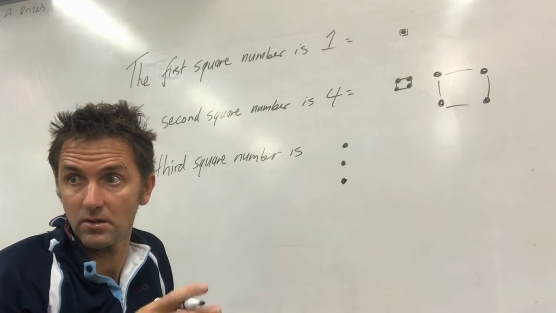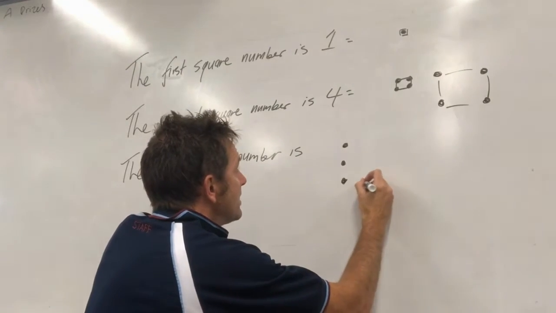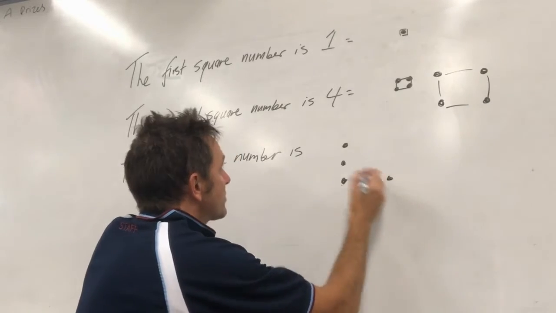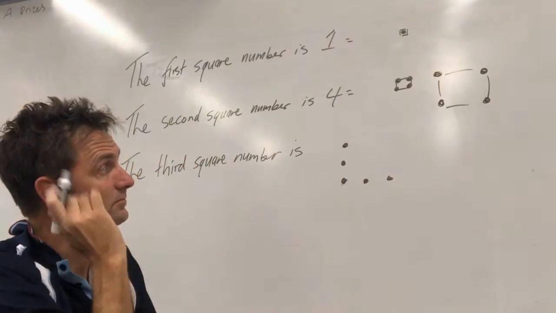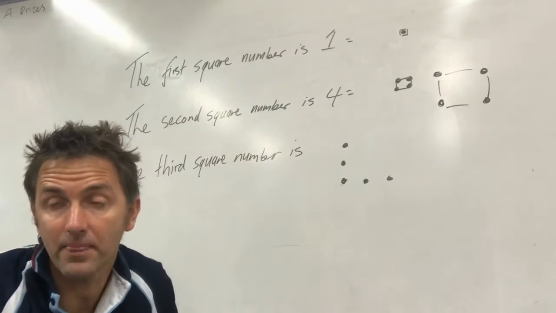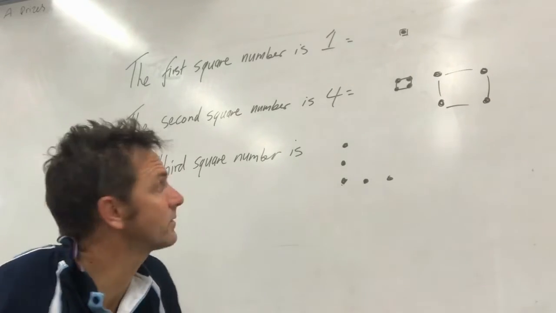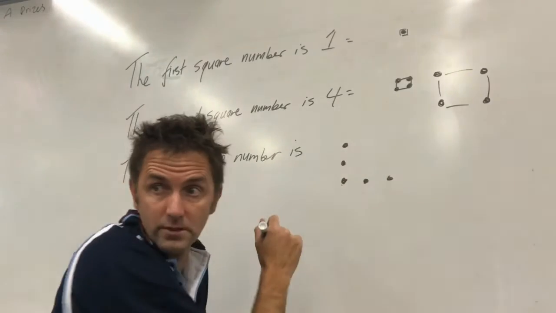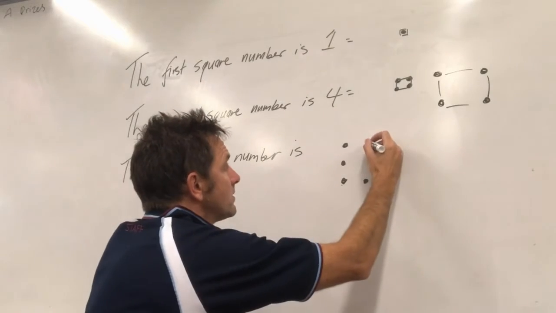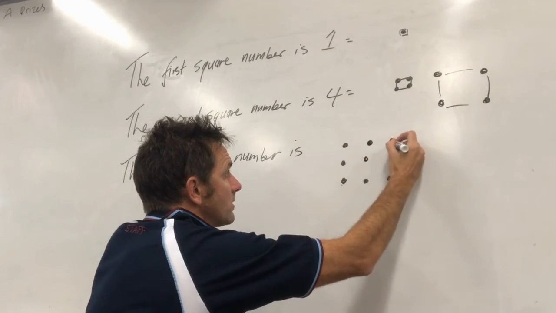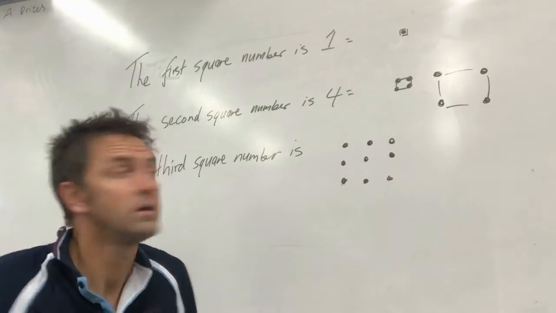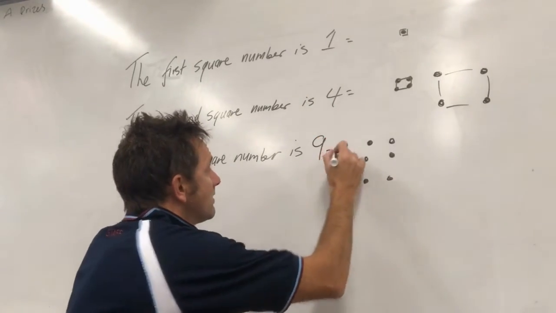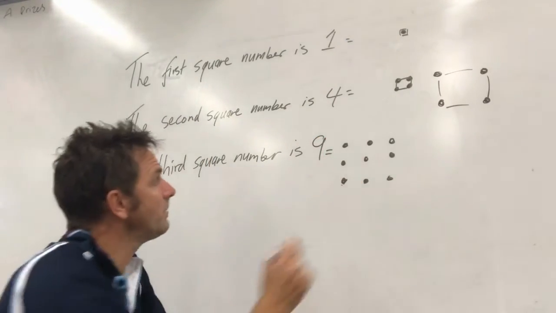Don't go anywhere. 3. 1, 2, oh sorry, 1, 2, 3. Right, now let's complete the square. Can we all do that? Can we complete the square? Yep. Dot, dot, dot, dot. So what's the third square number? 9. It's 9. Can you see that? Yeah. Yep.